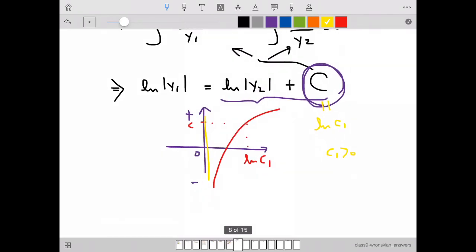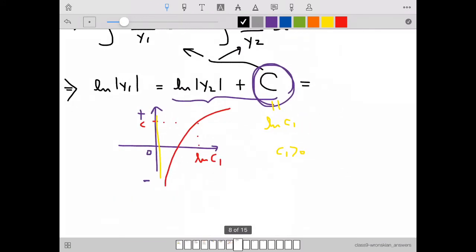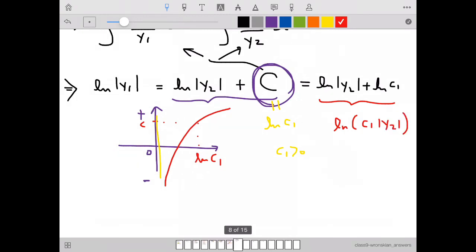So the right-hand side is ln absolute y2 plus ln c1, which I can combine as ln of c1 times absolute y2. So I have ln absolute value y1 equal to ln of c1 absolute value y2.